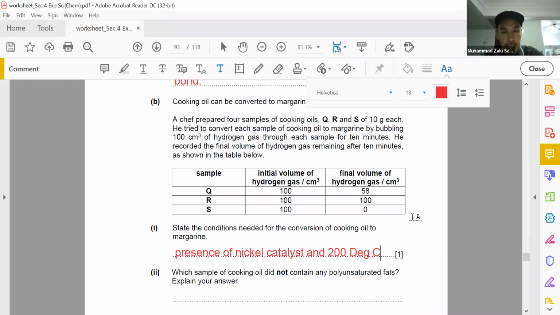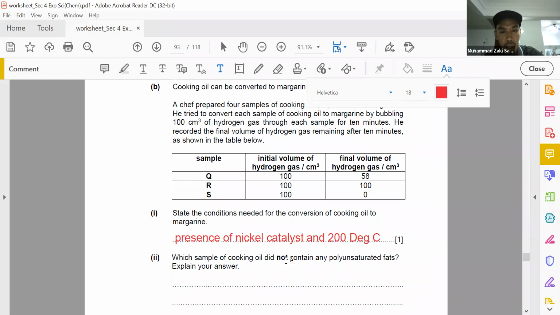Now, next question. Which sample of cooking oil did not contain polyunsaturated fats? Look at this. You can see that for R, there's no change. Why does R not change in terms of the volume of hydrogen gas? It's because R doesn't have the carbon-carbon double bond to absorb the hydrogen.